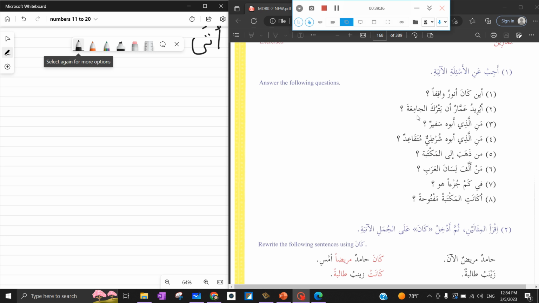So what will you use? As we know, when you want to negate something in the past, you will use ma, and to negate in the present, you will use la. So we will take ma. La, huwa ma yuridu. Now your answer comes from here. Yuridu Ammarun an yatruka al-jami'ata. That's your answer. So this is how you negate in the past with ma.